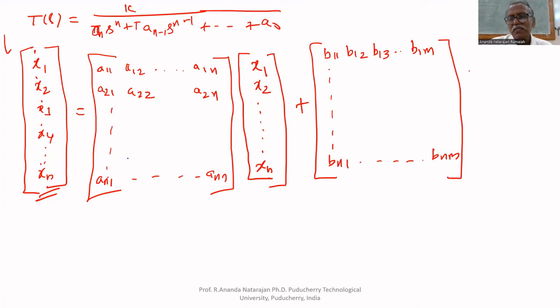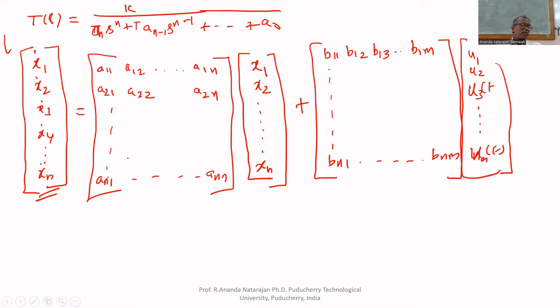You will get a B matrix multiplied by U of t. There are also many inputs, say U1, U2, U3, etc., Um of t. So many inputs. This is the state space representation of an nth order system. How many inputs? M inputs.